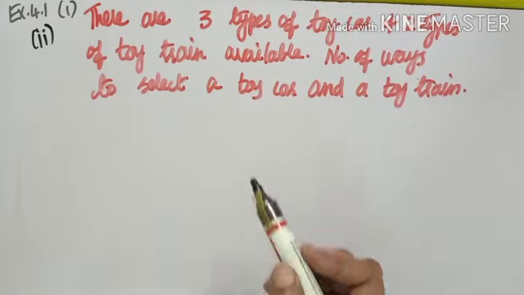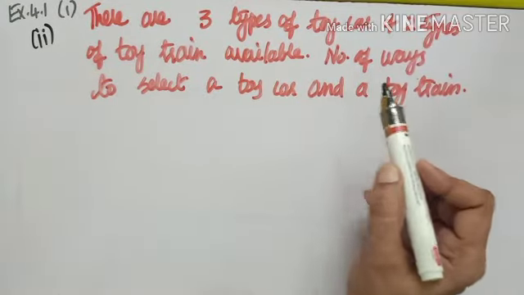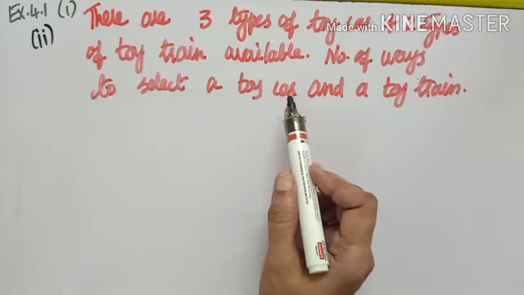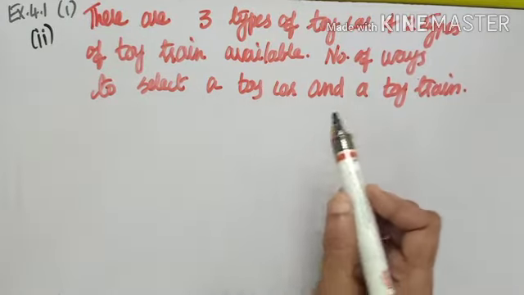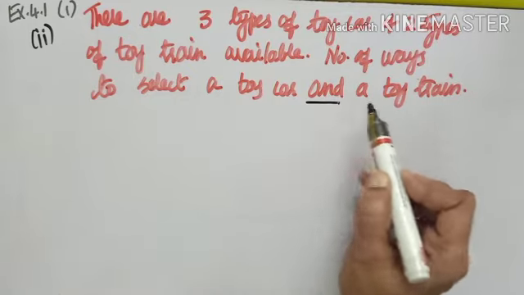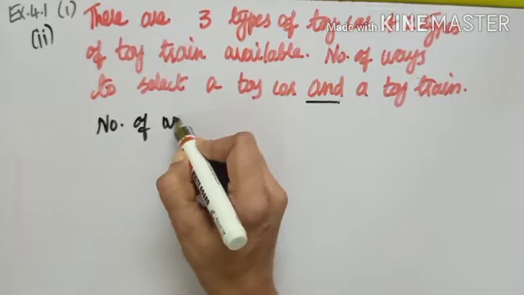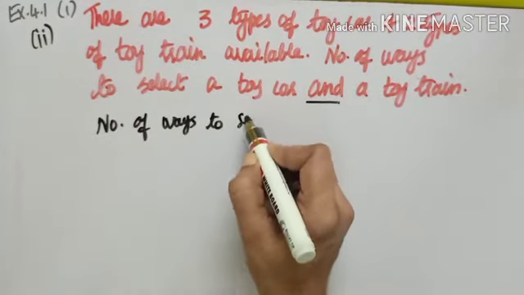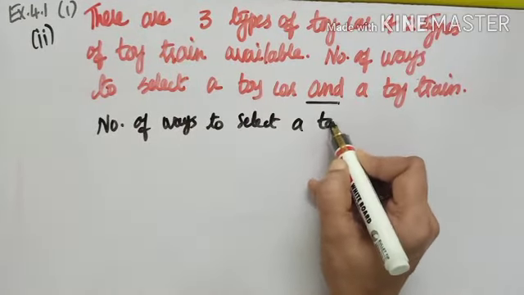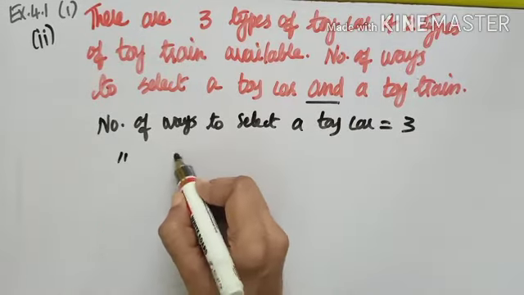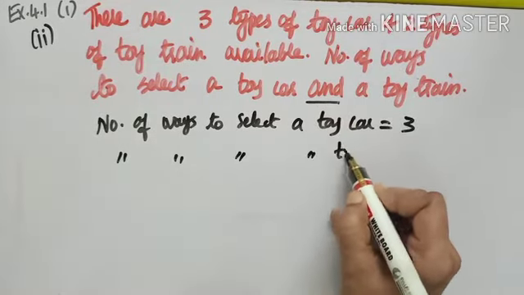Second subdivision, there are 3 types of toy car and 2 types of toy train available in a shop. Number of ways to select a toy car and a toy train. So we will write as before, number of ways to select a toy car. How many cars are available? 3. Number of ways to select a toy train.